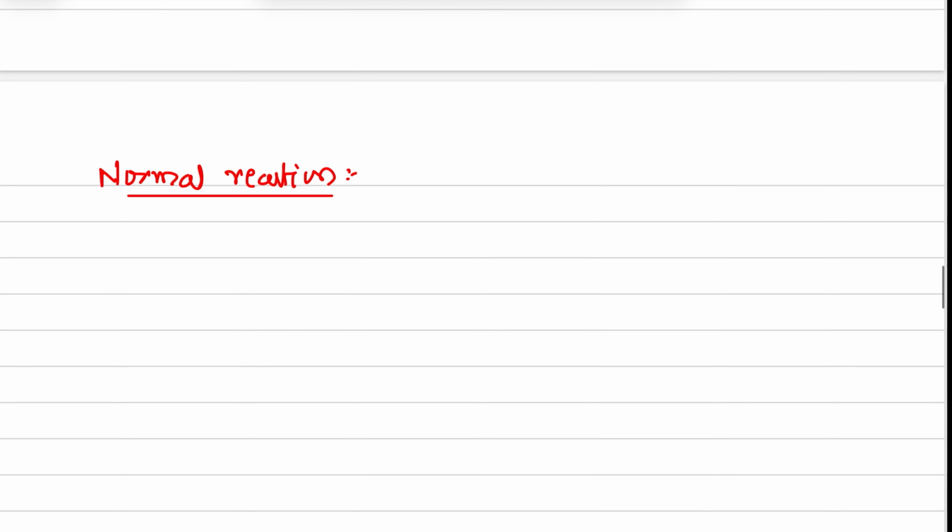Now what is a normal reaction? Normal reaction is inward towards the center of the whole sphere. You see, here is the small sphere, and here is the center of the whole sphere, and this is towards it. This is the normal reaction.